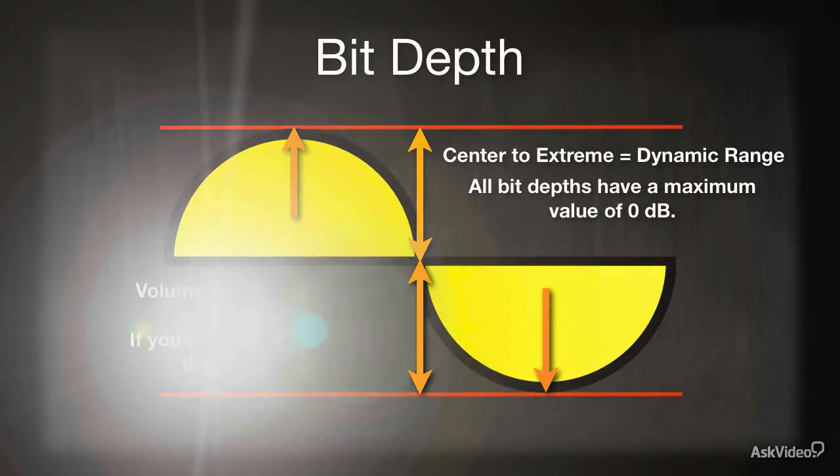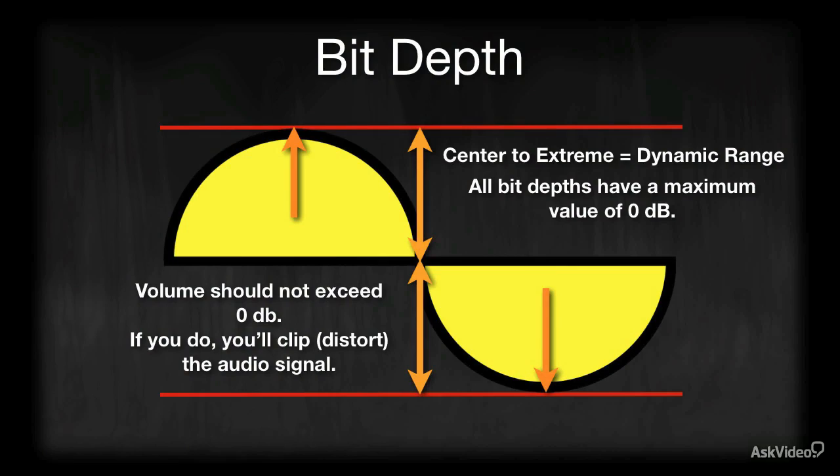And that's why volume should never exceed 0 dB, because when you do, you clip or distort the audio signal. So never ever clip anything, because when you do, you send those positive and negative parts of the waveform over 0 dB, and they sound bad because they distort.